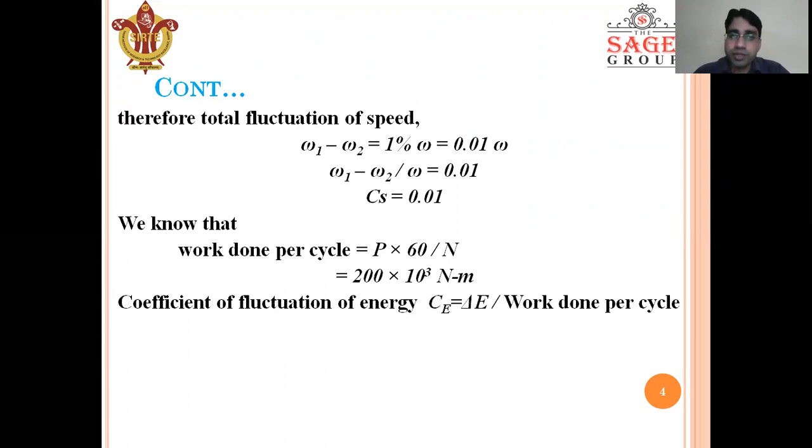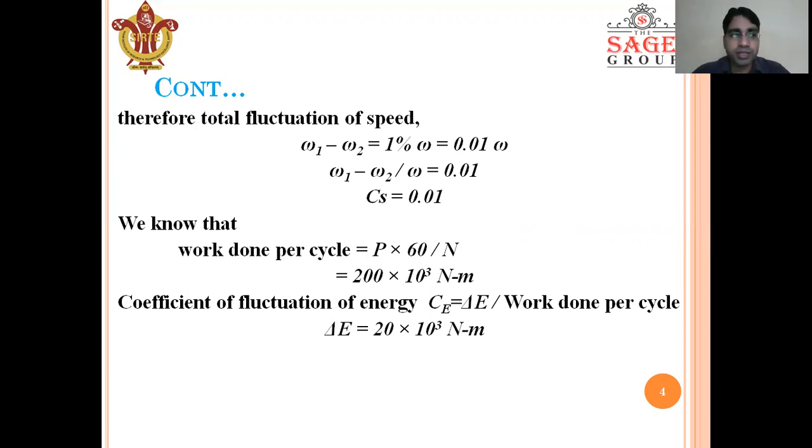Now the coefficient of fluctuation of energy C is equal to the maximum fluctuation of energy divided by the work done per cycle, because by definition the coefficient of fluctuation of energy is the ratio of maximum fluctuation of energy to the work done per cycle. So here you can see that we will get the value of delta E from this equation, 20 into 10 to the power 3 newton meter. But we also know that delta E is equal to I omega square Cs.